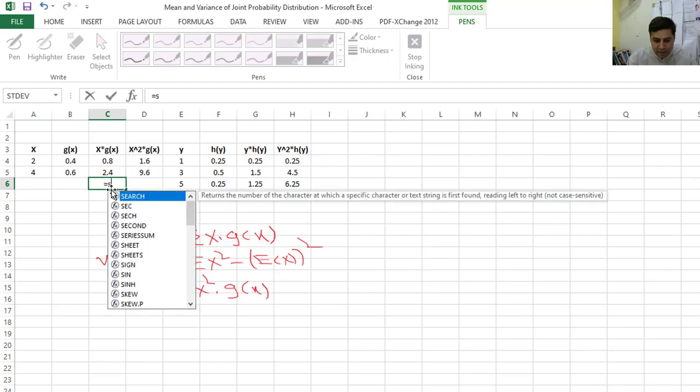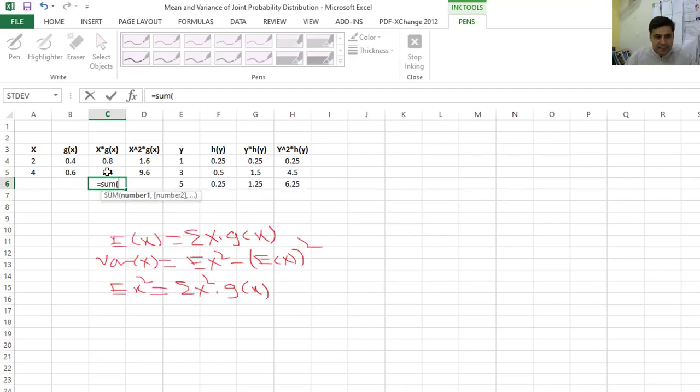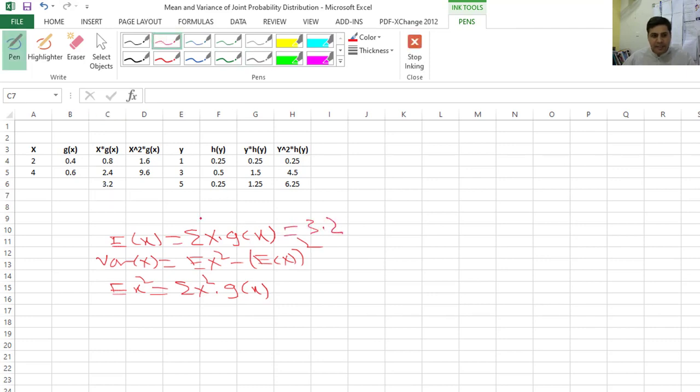So is equal to sum, and just take this. So this is 3.2. So the value of Ex is 3.2. Similarly, when you select this and drag it to this side, it will automatically calculate the sum of this column, which is x square into gx.